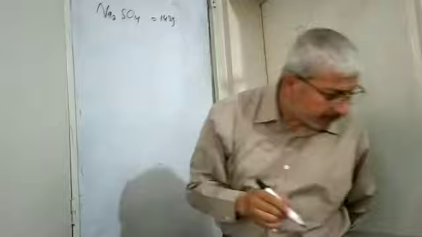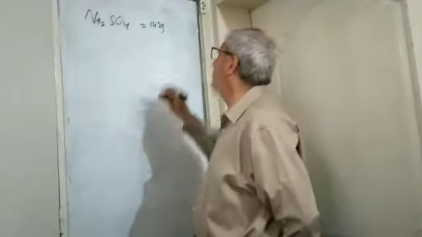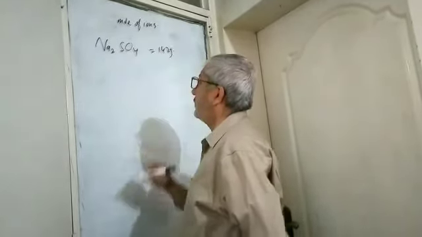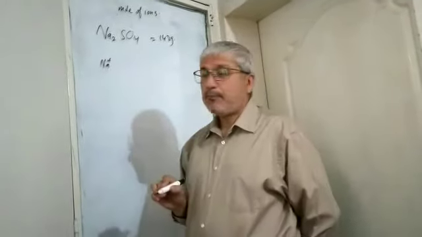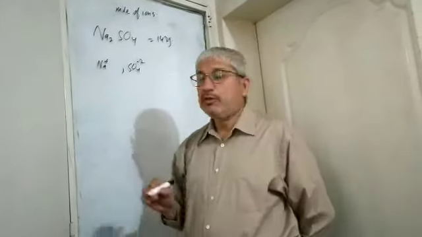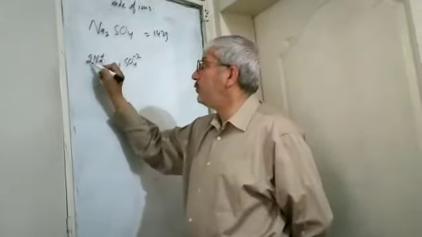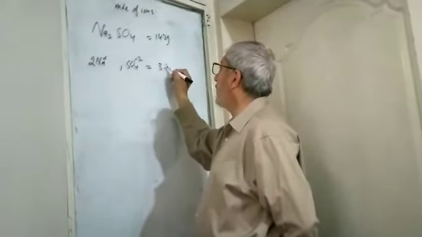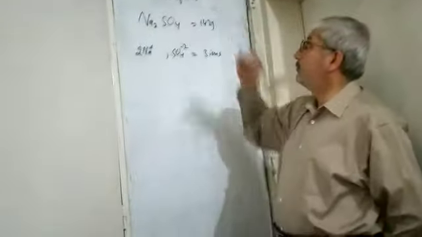And what is the question? How many moles of ions? First of all, you have to understand that sodium positive ions and sulfate negative ions will be produced, and for every one molecule of sodium sulfate there will be 2 sodium ions and 1 sulfate ion. So in total there will be 3 ions for 1 molecule of sodium sulfate. Now let's move on.